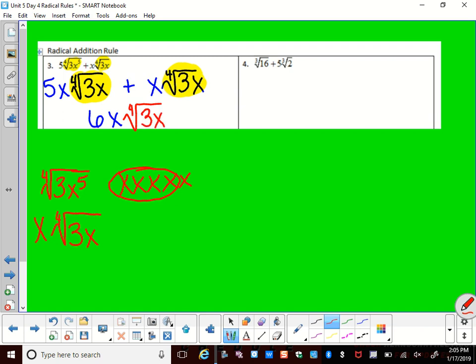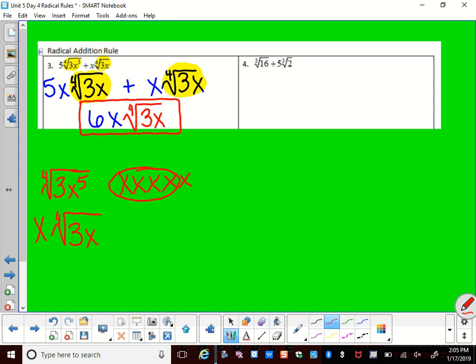The 4th root of 3x. That is my answer. So on that one we had to combine what we already learned from last class. Make sure you're not just writing the answer, you're writing exactly what I'm writing.